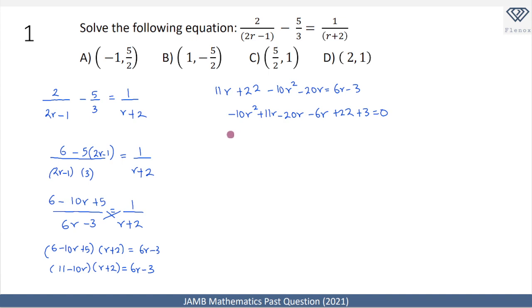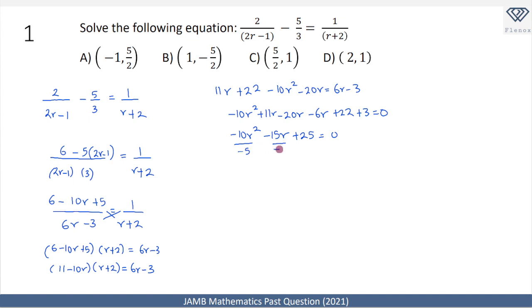So now when I simplify, I have minus 10r squared, then 11r minus 20r minus 6r will give me minus 15r, then 22 plus 3 is going to give me 25, so plus 25 is equal to 0. I can also try to further simplify by dividing each term by minus 5.